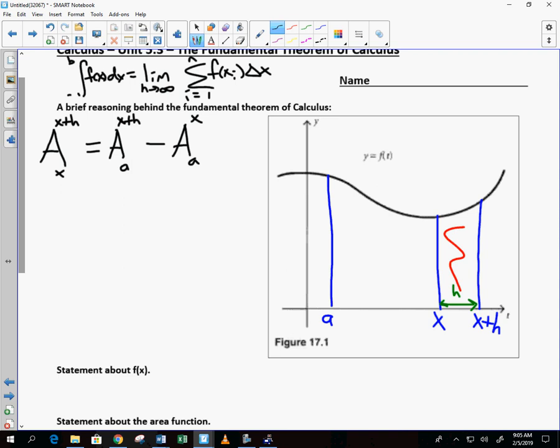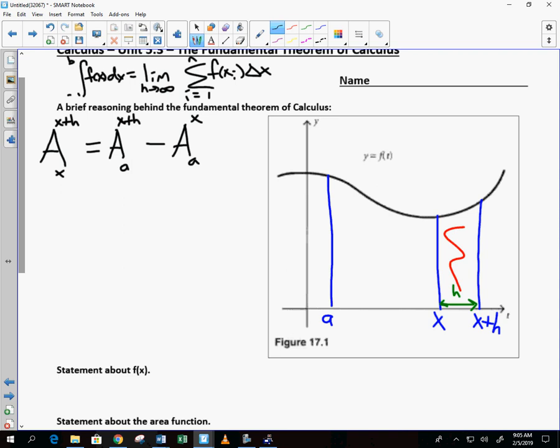Now I'm going to look at this piece that I have in red here. Kind of like a rectangle, right? With a width of h. What's the height of the rectangle? What would you do to find the height? You'd plug something into the function, right?